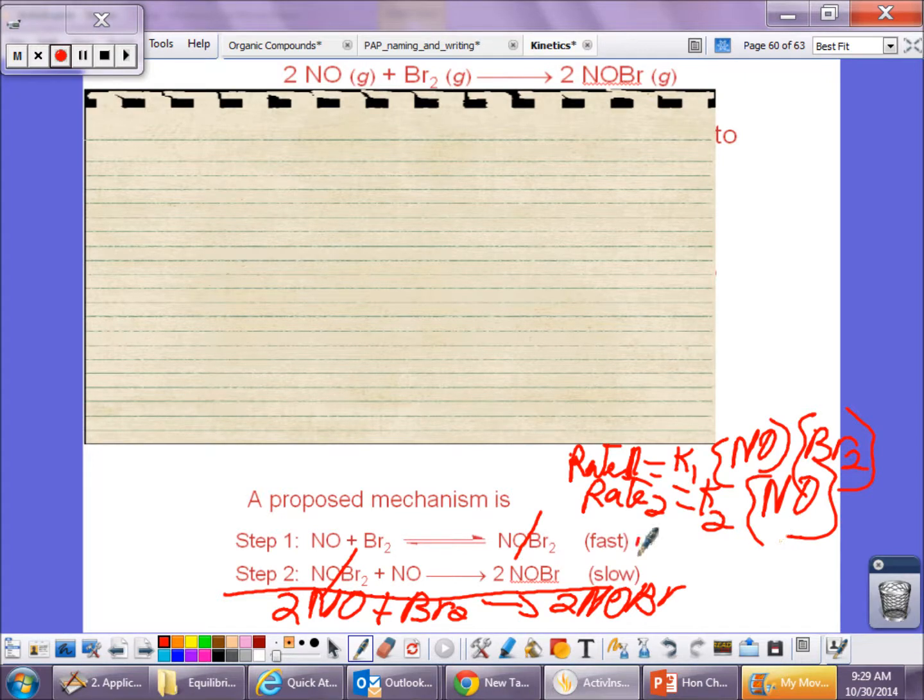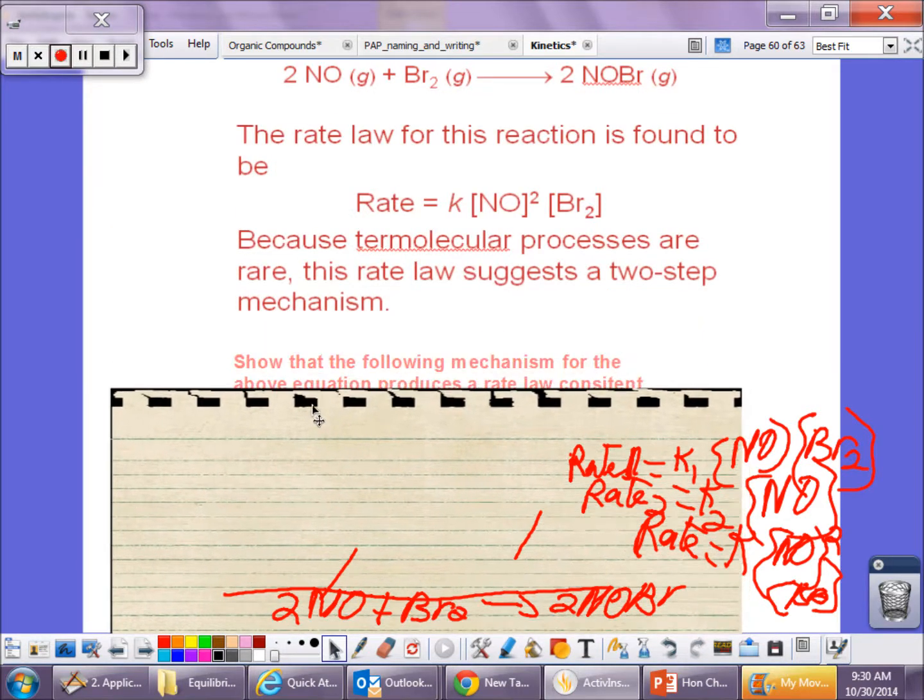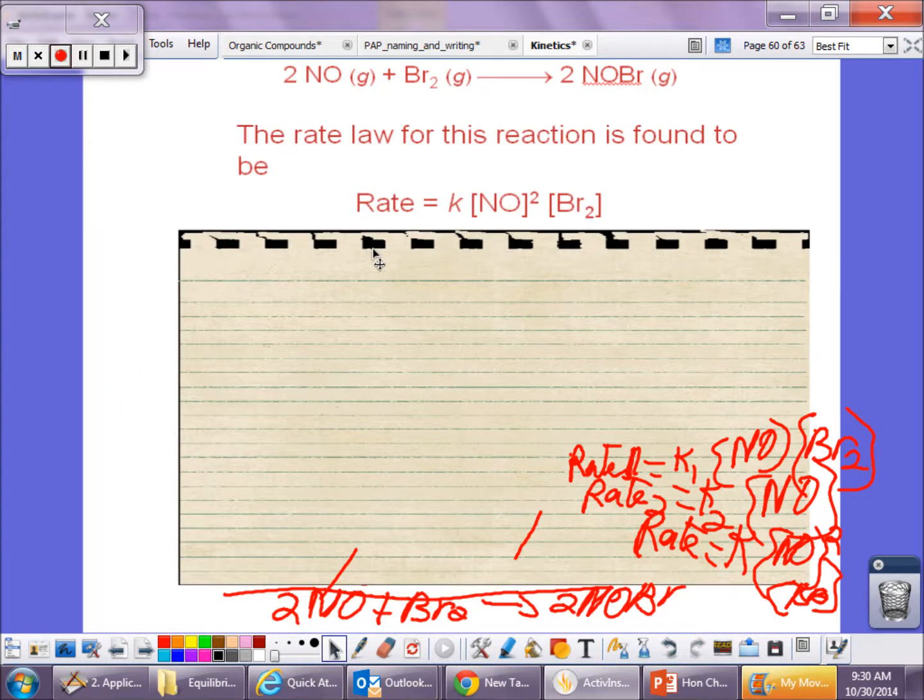So the rate of the reaction is K times K gives you K, your constant, times NO times NO gives you NO to the second power, and then times Br2. After I check the rate law for the different steps, I compare it to the given rate law. This is the given rate law. They are the same. So I say that this mechanism is valid.